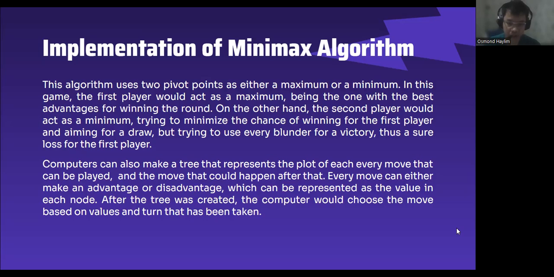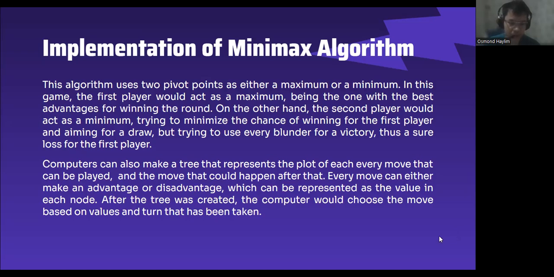On the other hand, the second player would act as the minimum because the second player would try to minimize the chance of winning for the first player and aim for a draw. But if the opponent blunders, the second player would use it to win. So the first player would lose.